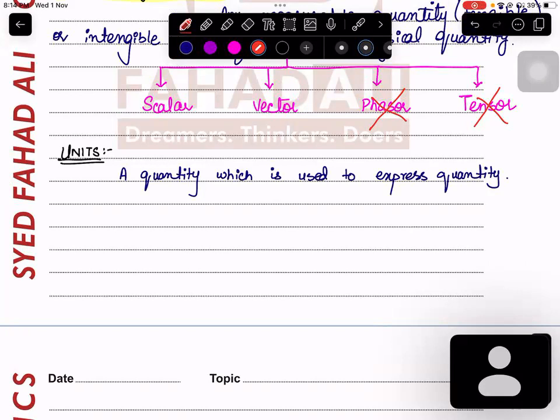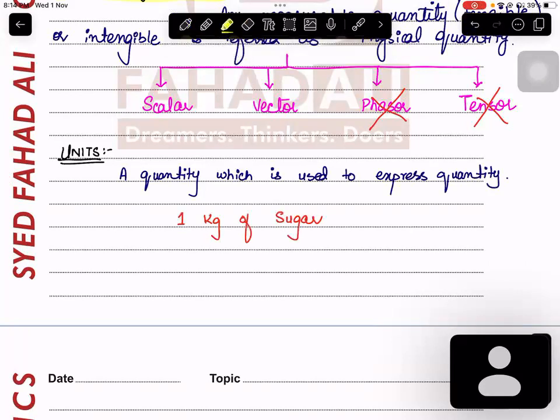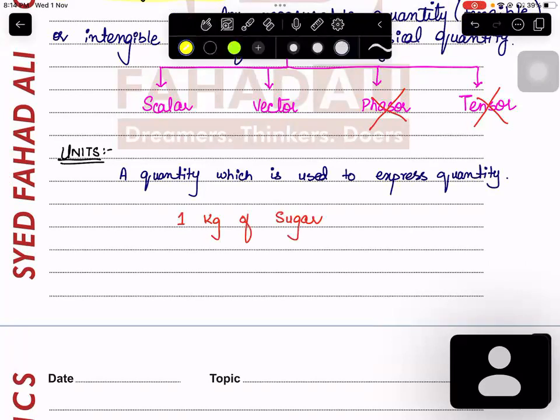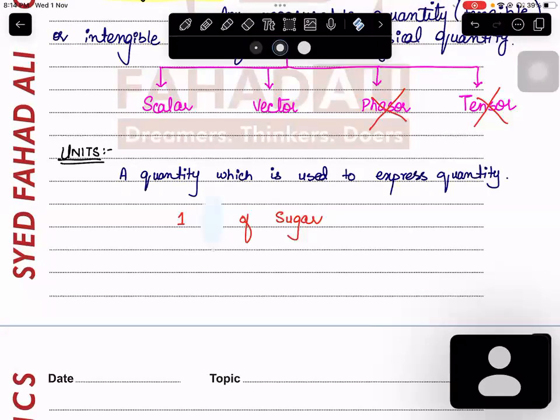If I ask you to purchase 1 kilogram of sugar, but you cannot mention the word kilogram, does this make any sense?